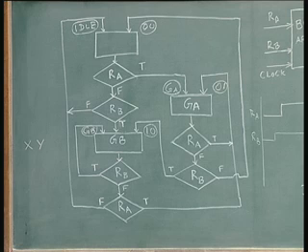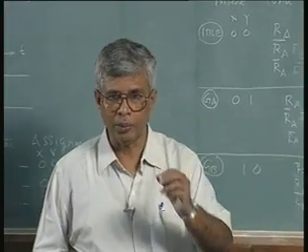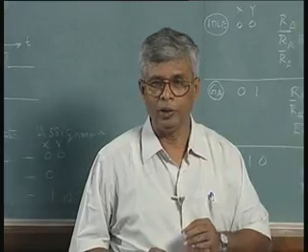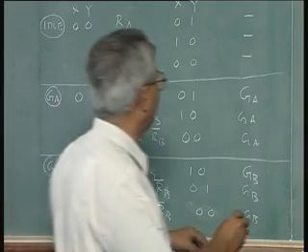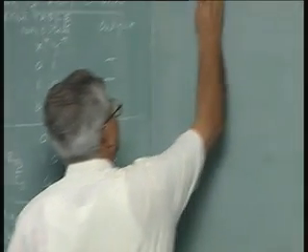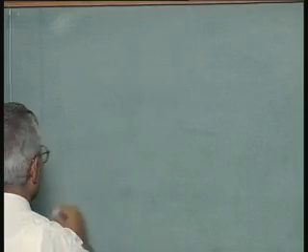Now since we know several methods of implementing state graphs, we have seen all of them, we will use the simplest and most elegant method, namely the multiplexer based approach. So I am going to do a hardware implementation of this using multiplexers. There are two states.